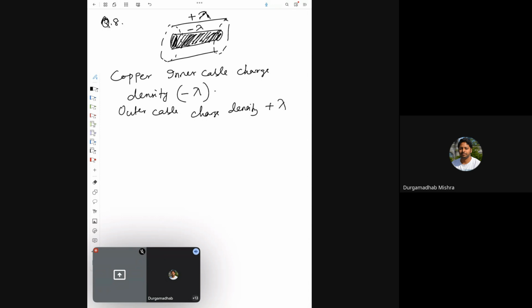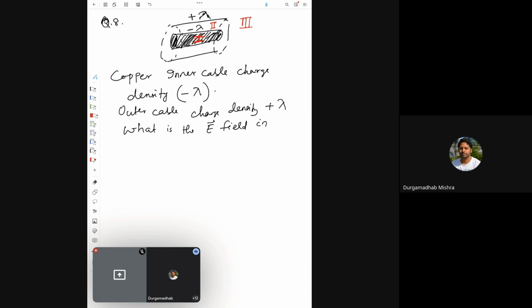Okay, so now the question is, what is the electric field in, so I will define 3 regions. I will call this region 1. Okay, so this is my region 2, and this is my region 3.